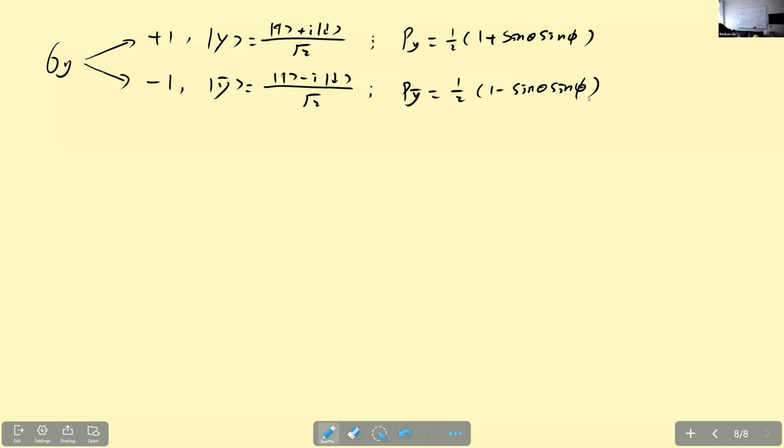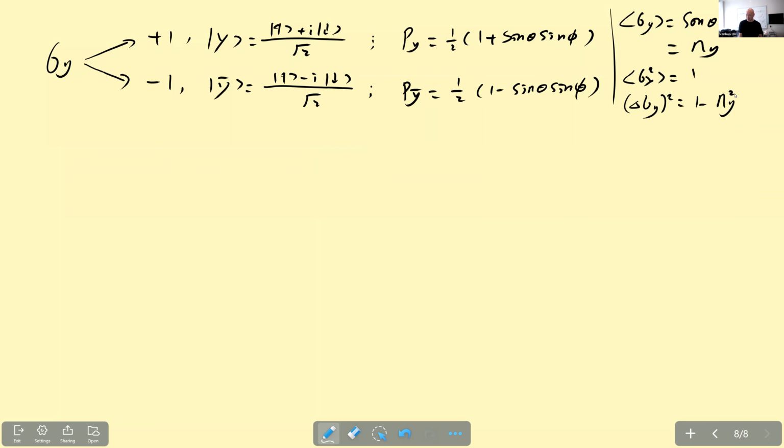Okay, and then the average is just sine theta sine phi. This is nothing but the y component of m. And sigma y squared, of course, is just 1. And the variance is just 1 minus my squared.